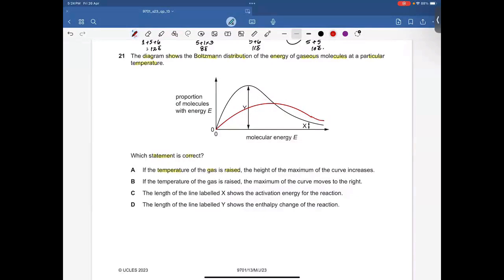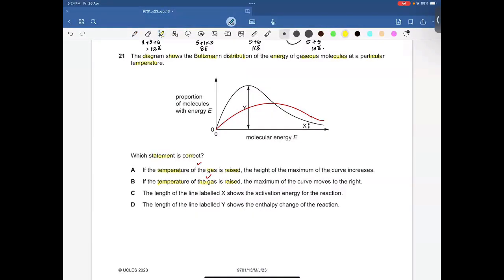So that's the right answer. If the temperature of the gas is raised, the curve maximum shifts to the right-hand side.